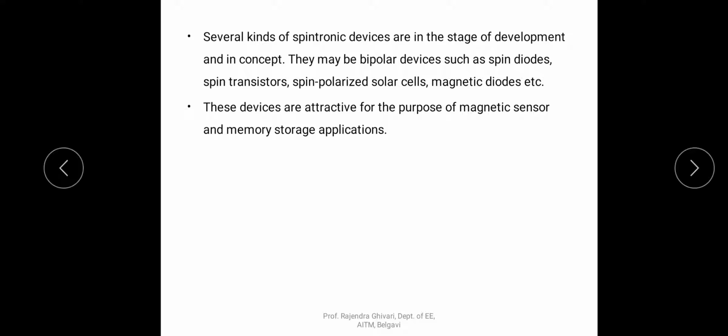There are several kinds of spintronic devices which are in the stage of development and in concept. They may be bipolar devices such as spin diodes, spin transistors, spin polarized solar cells, magnetic diodes, etc. These devices are attractive for magnetic sensor and memory storage applications, such as hard disks, pen drives, and memory cards.